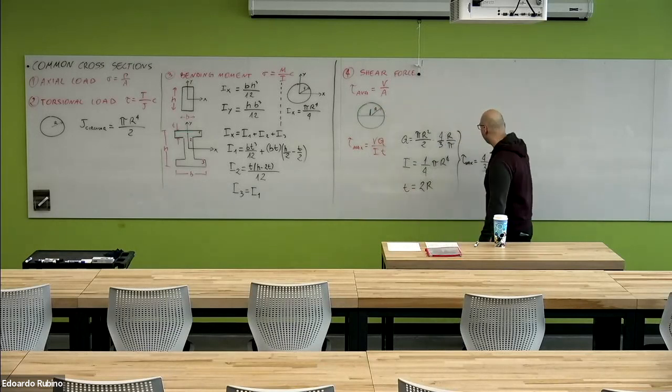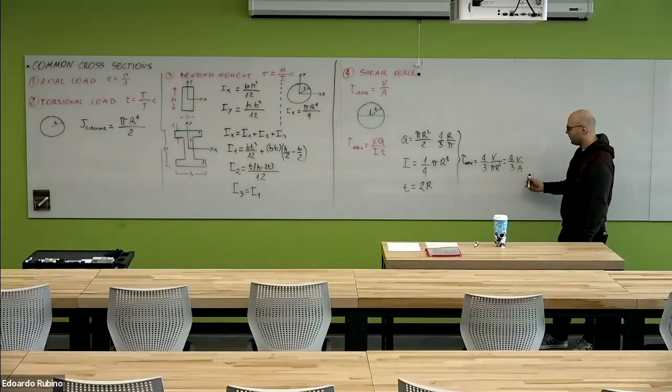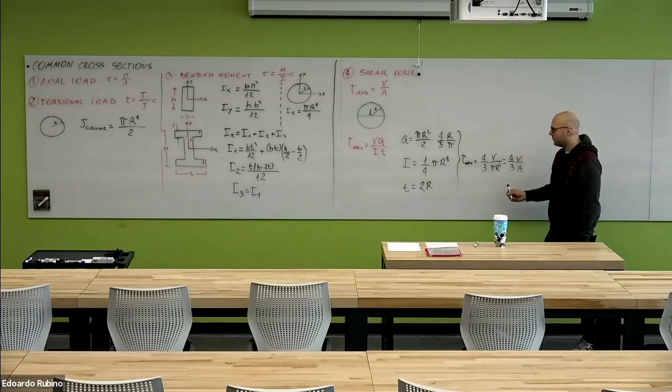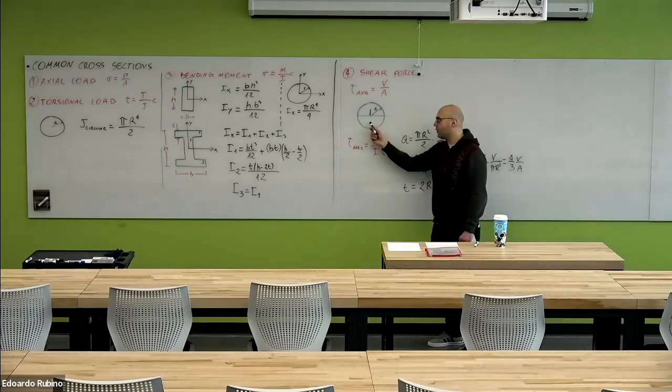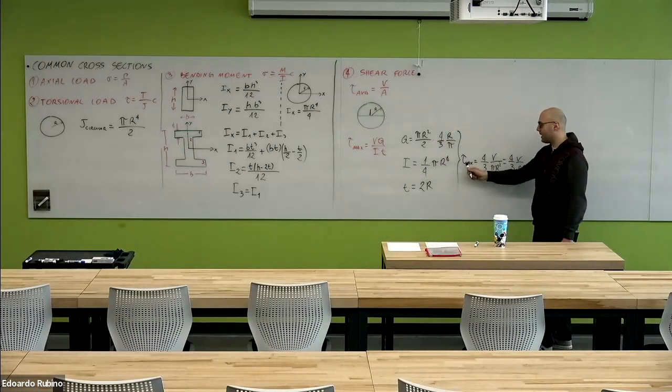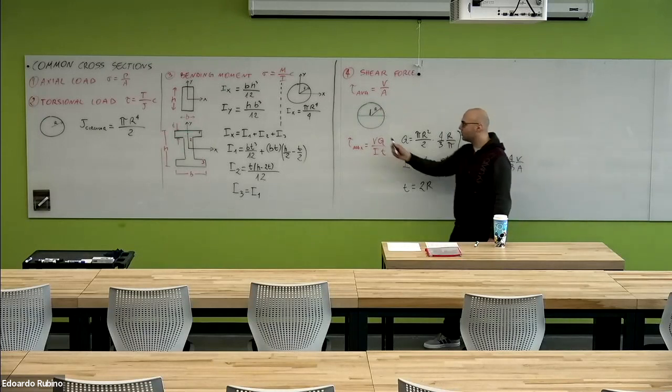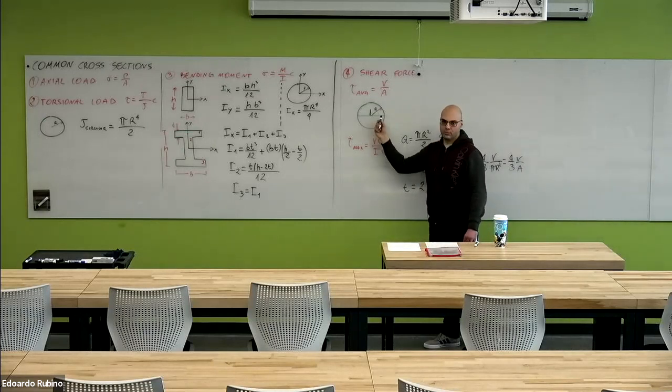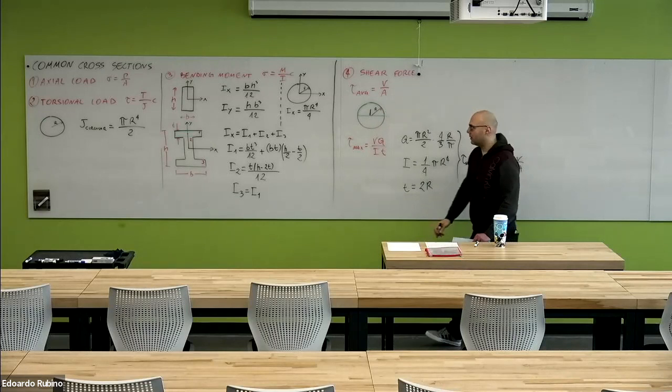So if we want to look at the failure of that specific cross section, we cannot base our judgment on the average stress, but we need to look at the actual maximum stress that occurs on the diameter, which will be the neutral axis of the cross section.